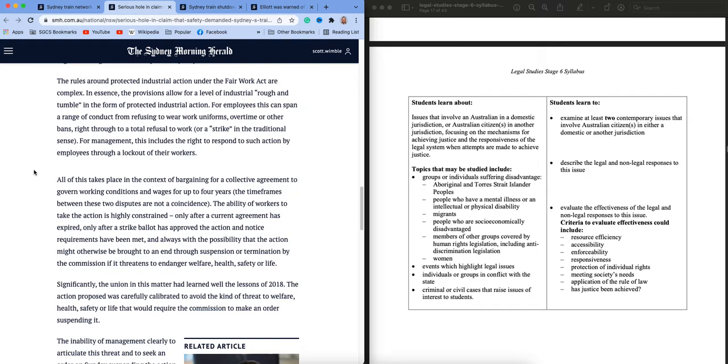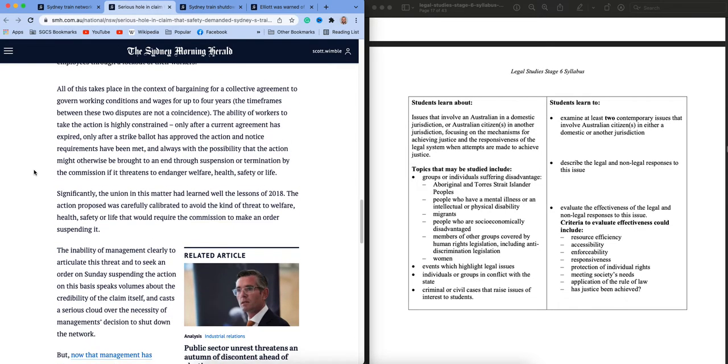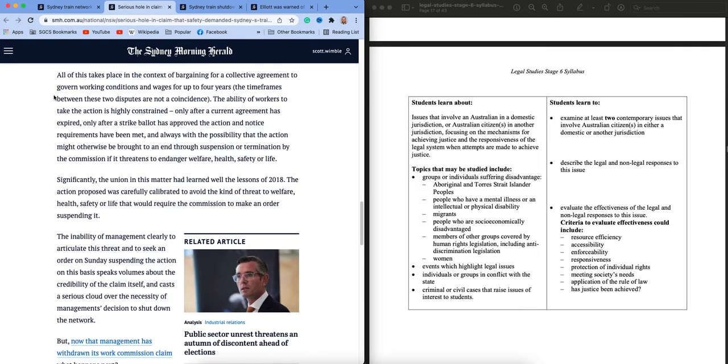For management, this includes the right to respond to such action by employees through a lockout of their workers. In other words, closing all the doors and saying, you're not let in. We're not paying you. All of this takes place in the context of bargaining for a collective agreement to govern working conditions for up to 4 years, which is what they're in the middle of.